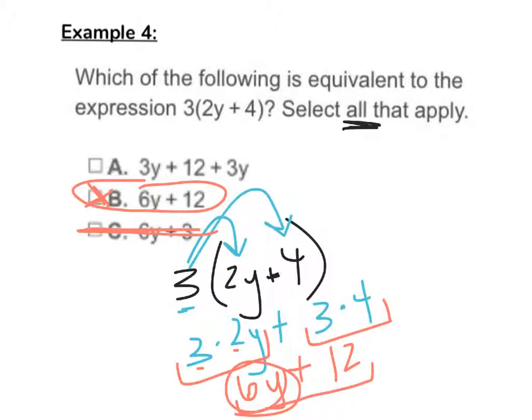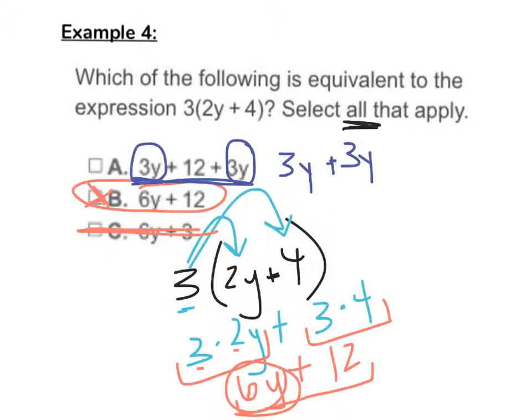The last one is letter A, so I have to make sure that I carefully think through this. If I look at my expression here, I have 3y plus 12 plus 3y. If I look at the terms or the parts of the expression, I see that I have two numbers that look alike. I have 3y plus 3y.